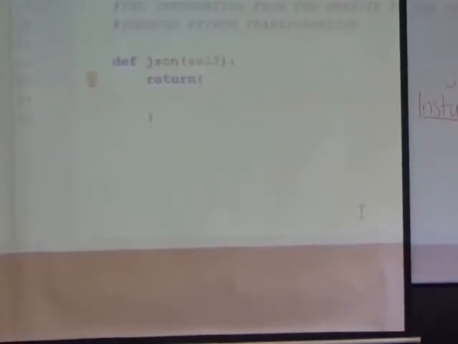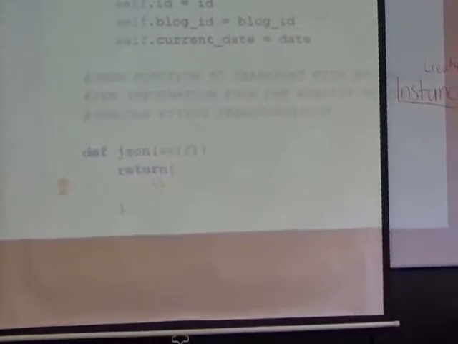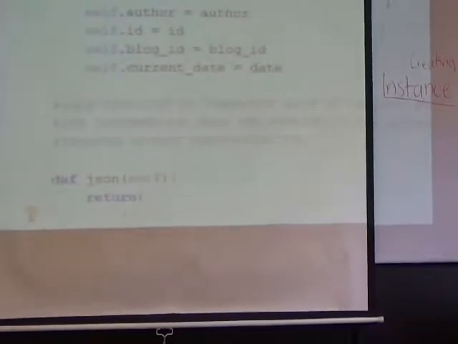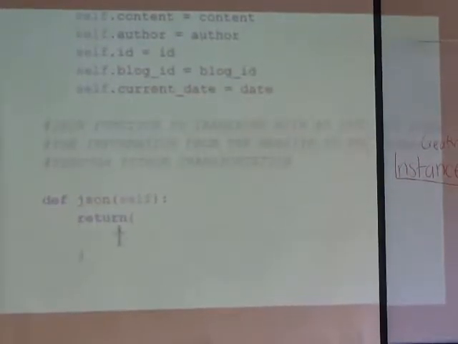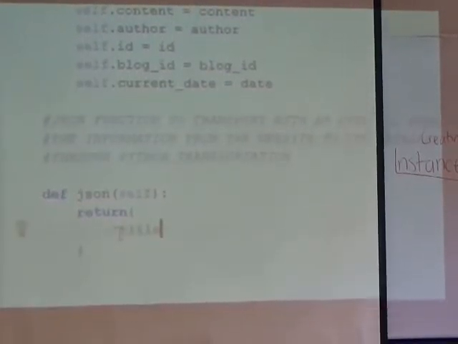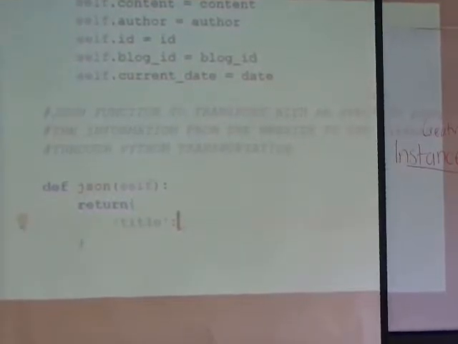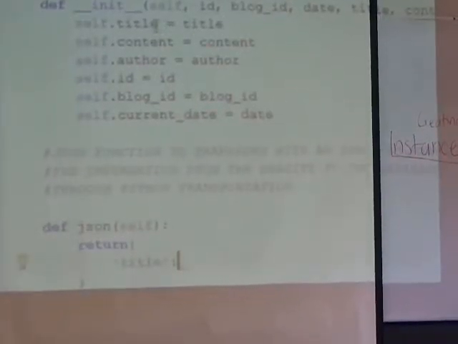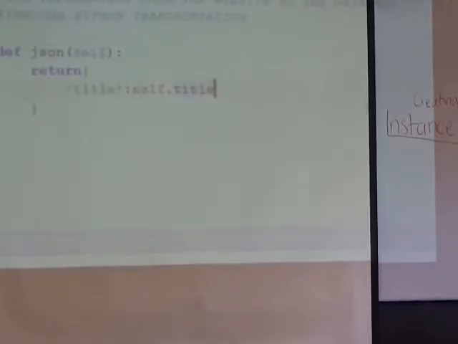It's gonna return the log ID, and we're gonna copy these values as well. Title, but we're gonna use single quotations. Title. Then we're gonna put the attributes that we're passing through our format, okay?